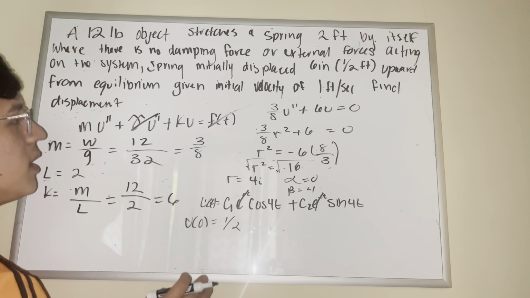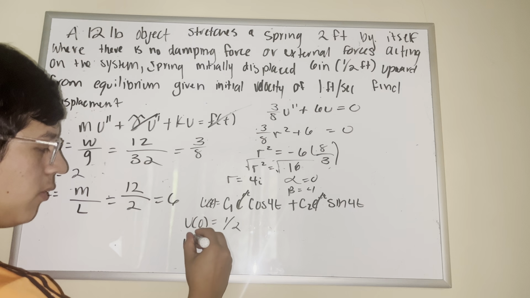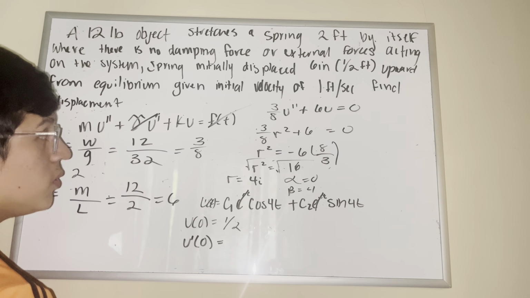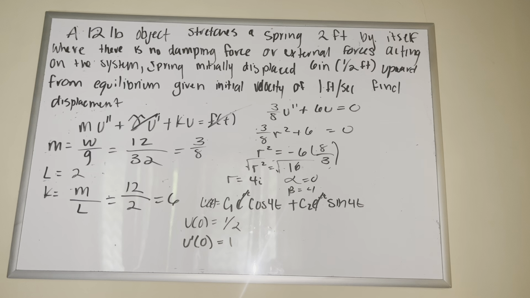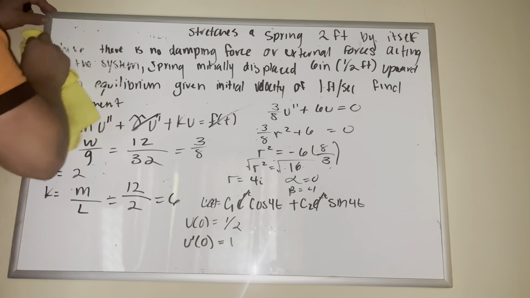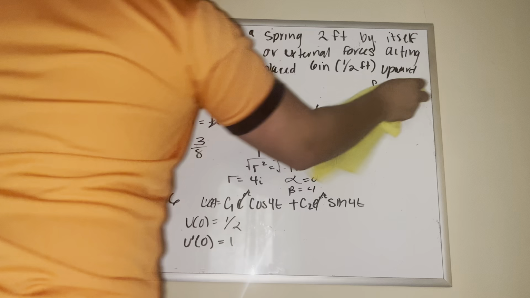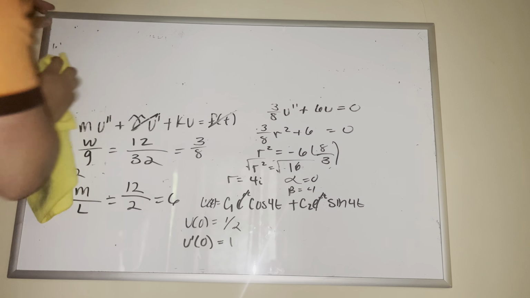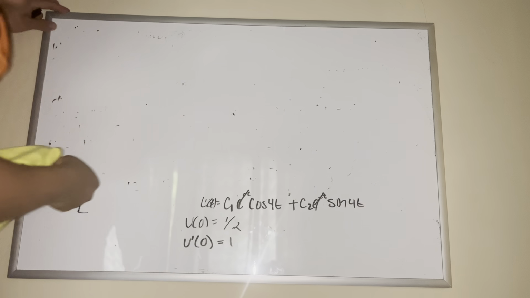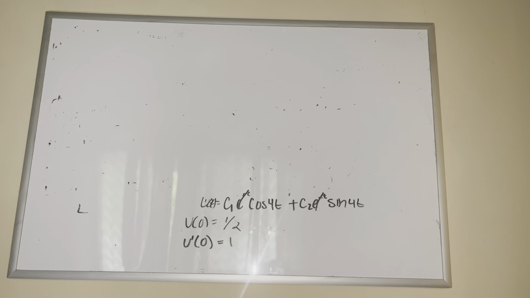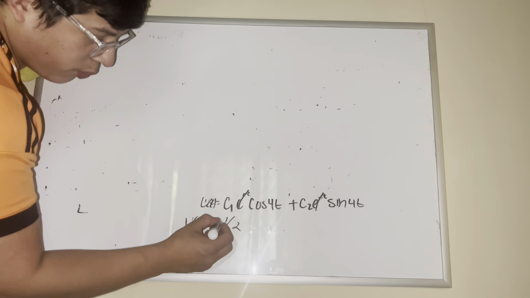And initial velocity, so our derivative of u at 0 is equal to 1. So, I'm going to erase the board.